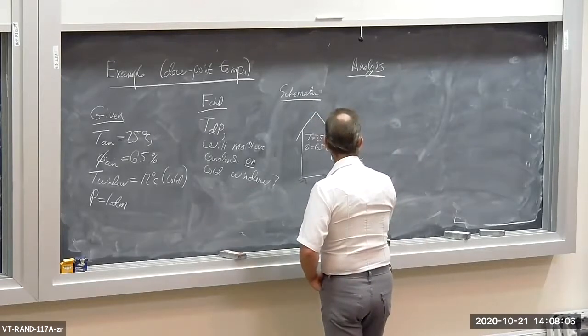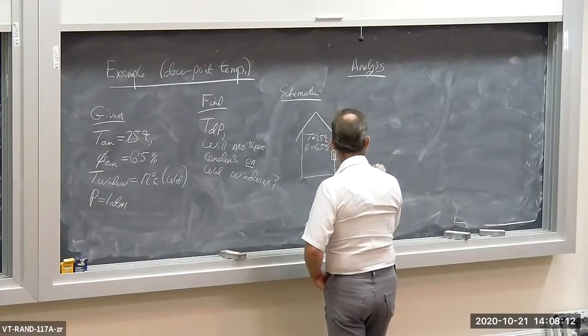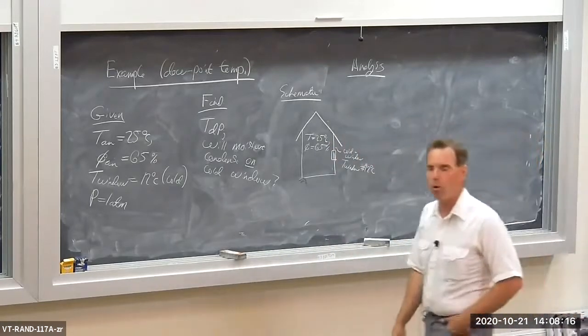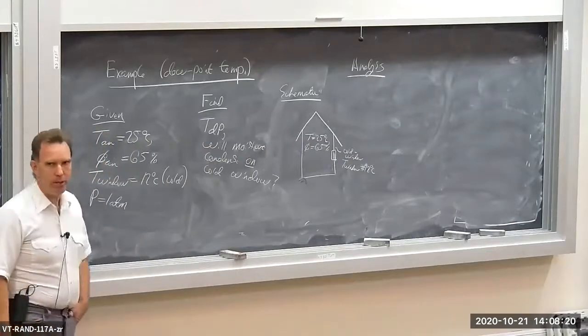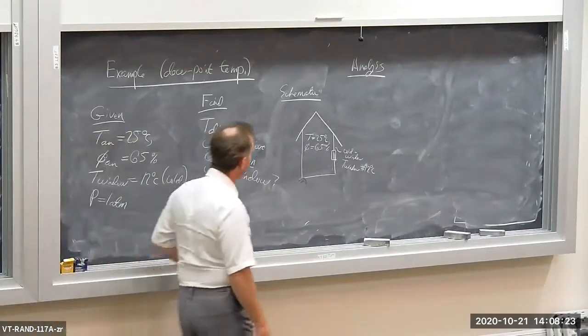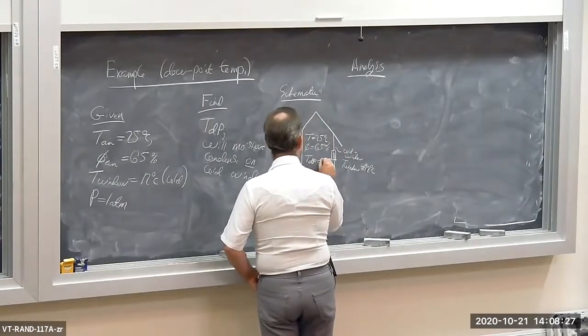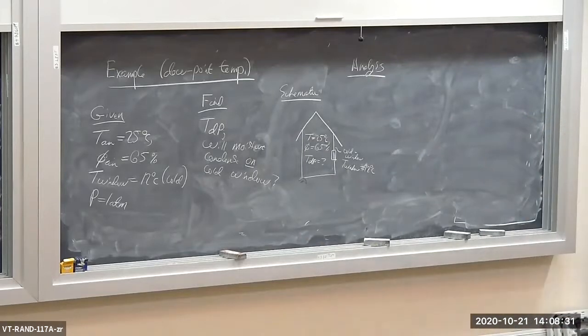So T window equals 12 degrees C. Cold window in a warm room. I want to know what the dew point temperature is for the air in this room. What's the dew point temperature? And I want to know whether moisture is condensing on this window.